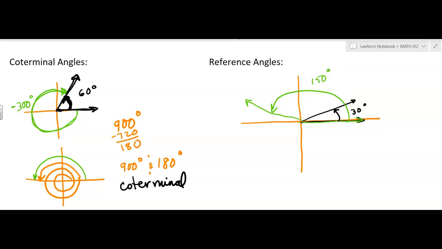But if you look at that as a mirror image, think about your 30-degree angle and reflecting it about the y-axis, then you get this little triangle over here that's very much like that 30-degree angle, right? Okay, so it goes to right here. That's 30 degrees right in there. And that's called a reference angle. It's not in the first quadrant, it's in the second quadrant, but it has that measurement that you can go by.